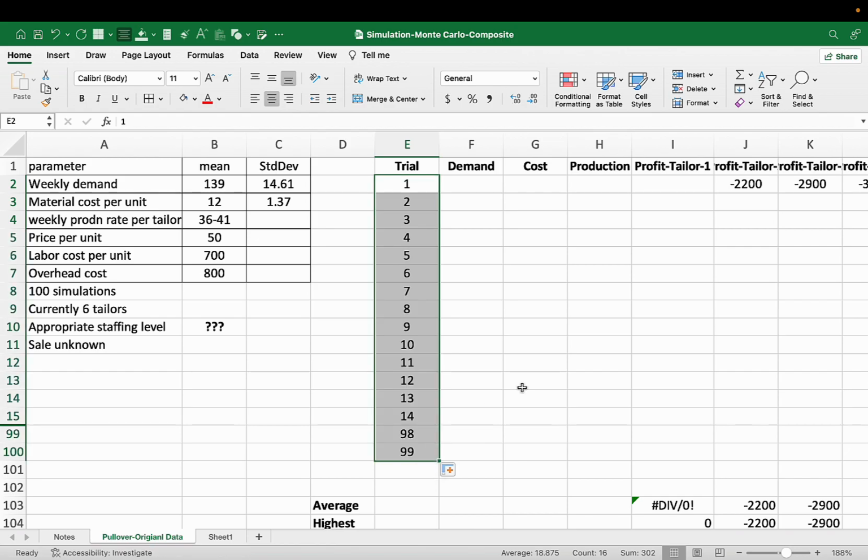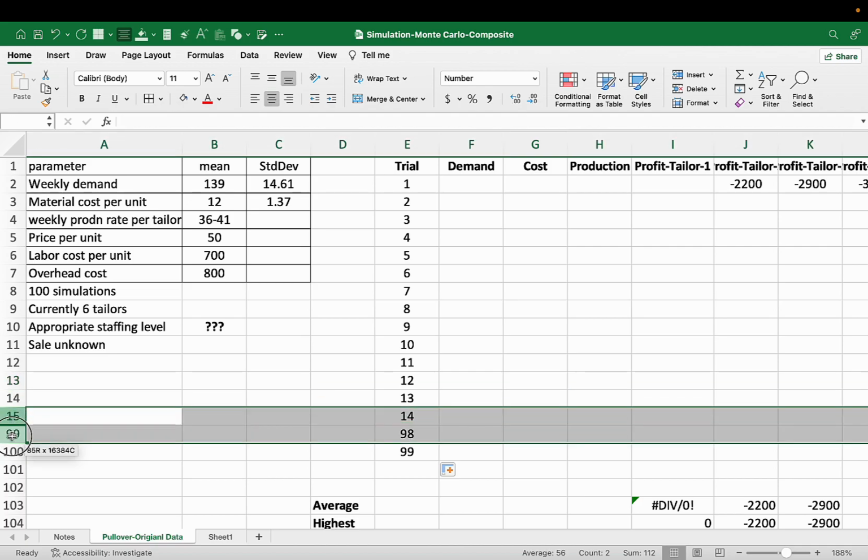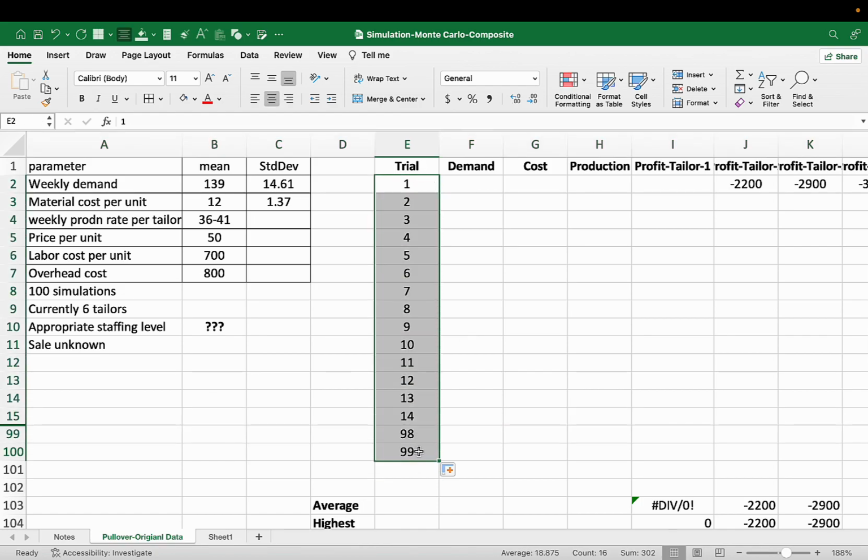One thing that I want to show is that I have hidden some columns, as you can see here: 1, 2, 3, 4, 5, 11, 13, 14, 15, and then after 15 it's 99. So 16, 17 and all the others are hidden from the view, but they are actually here. I have hidden them because I want to see everything in one view. So that's one way you can do that.